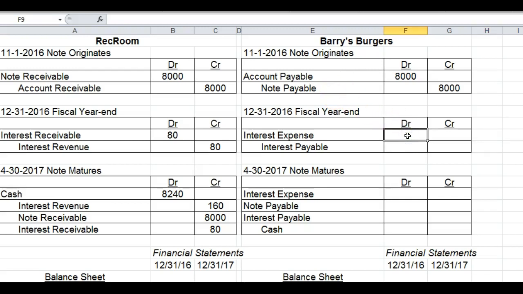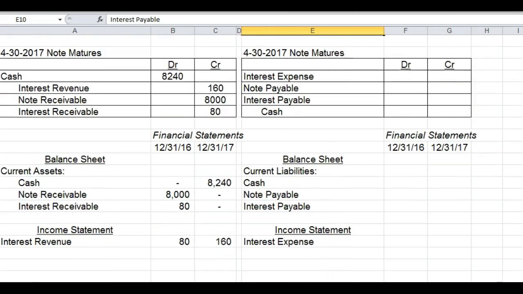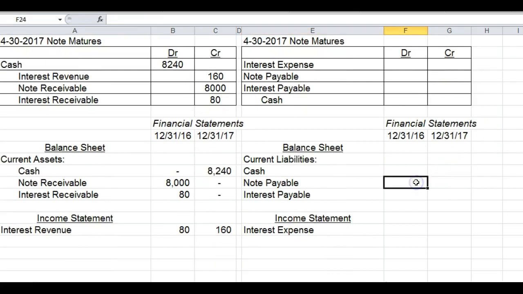Then at the end of the year, 2 months have gone by, we have incurred $80 of interest expense. We haven't paid it, so we owe it. So when we go to the balance sheet, we'll have a note payable of $8,000. We'll have an interest payable of $80. So let's go put those in. At the end of the first year, $8,000 and then $80.